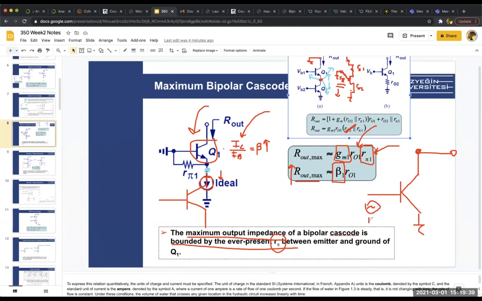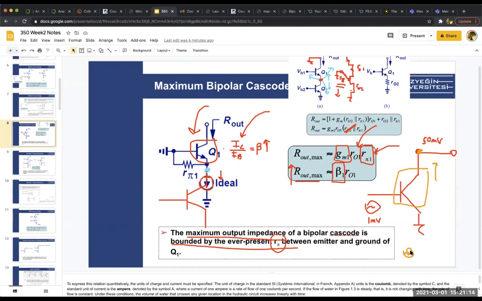Let's say this is 1 millivolt. We want to see 50 millivolts here because this is an amplifier. So we have an input voltage and we amplified it, and we got 50 millivolts. Do you think the equivalent impedance seen here should be high impedance or low impedance? So let's draw the small signal.